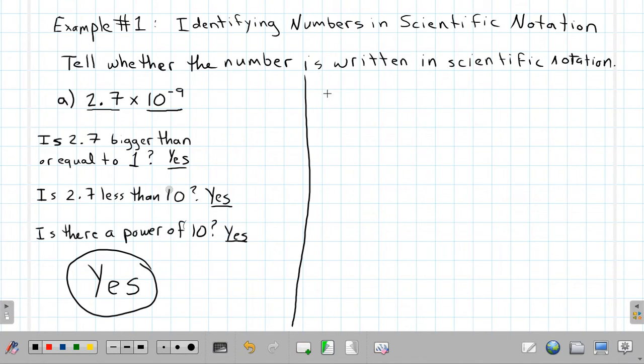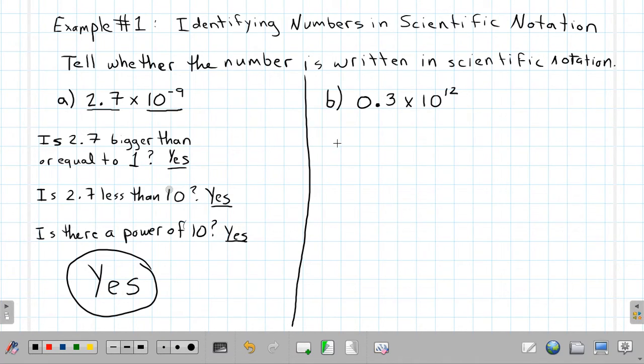So let's actually look at an example of one that's not in scientific notation. I'll go ahead and tell you the answer to this one is going to be no, but let's see why. So part B, we have 0.3 times 10 to the 12th power.